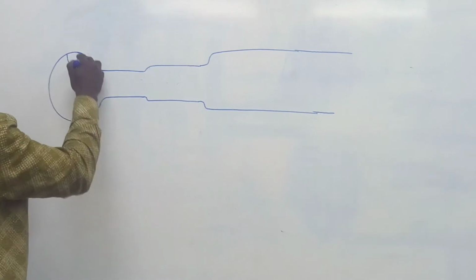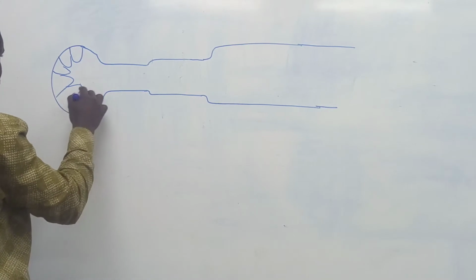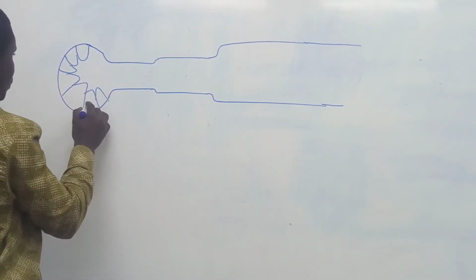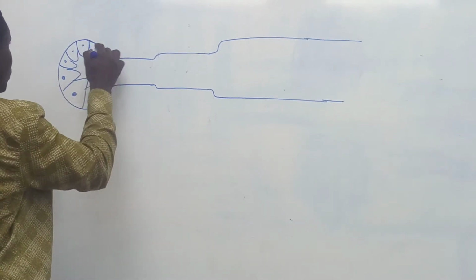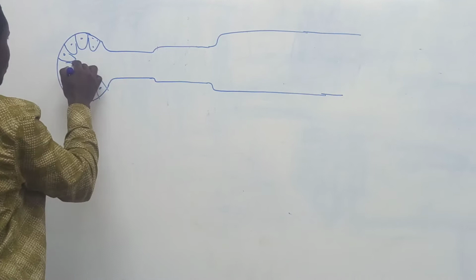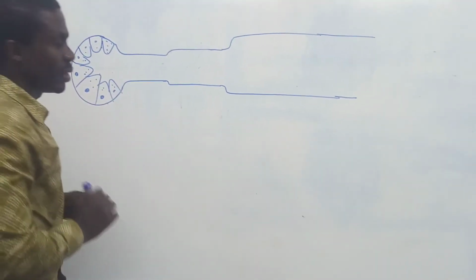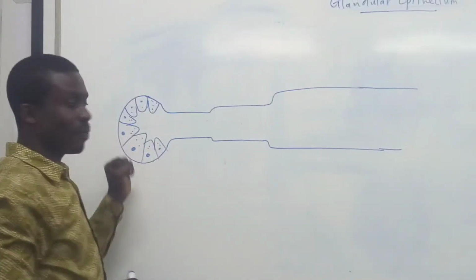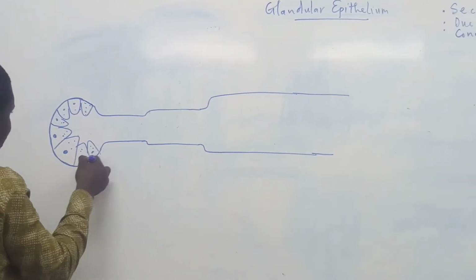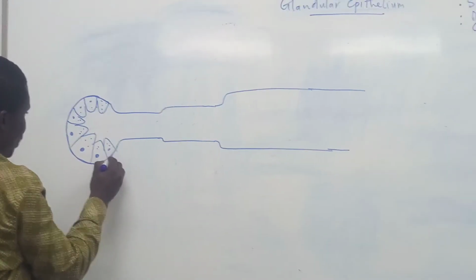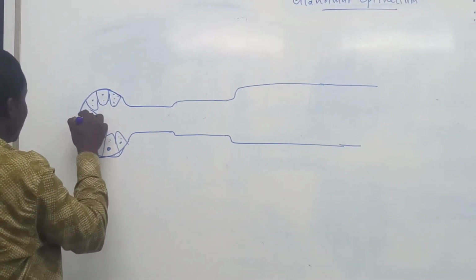If this is the secretory unit, for the secretion to come out, there will be this basal lamina or basement membrane here, and in between there are going to be some cells which are epithelial in origin.